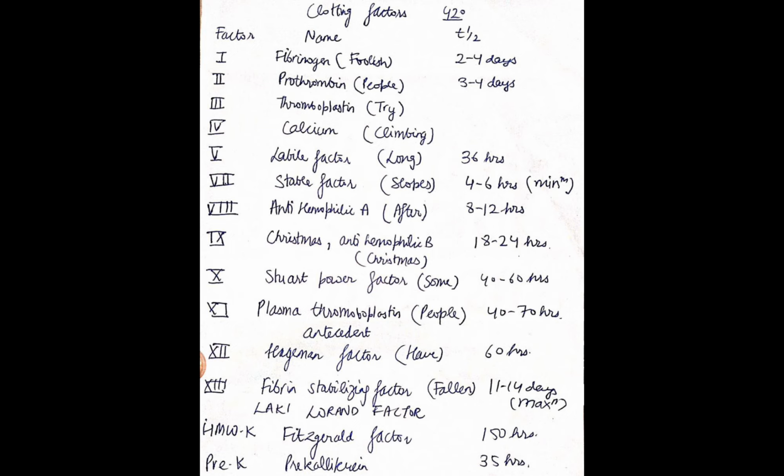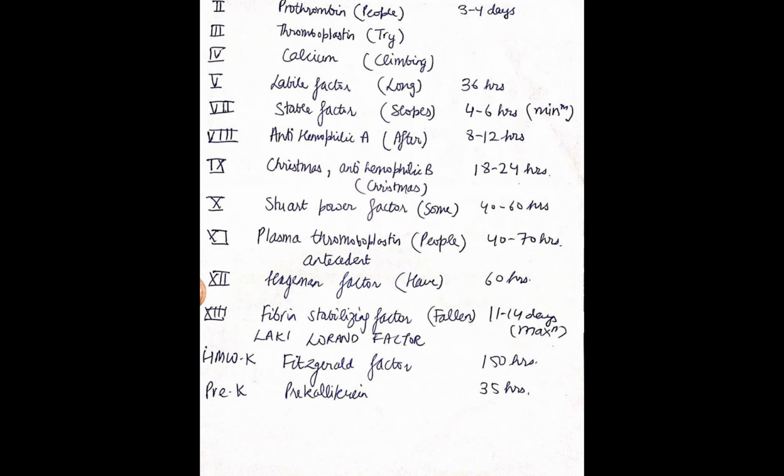Labile factor, stable factor. Antihemophilic A and Christmas factor or antihemophilic B. Stuart-Prower factor, plasma thromboplastin antecedent, Hageman factor, and fibrin stabilizing factor or Lucky-Lorand factor.